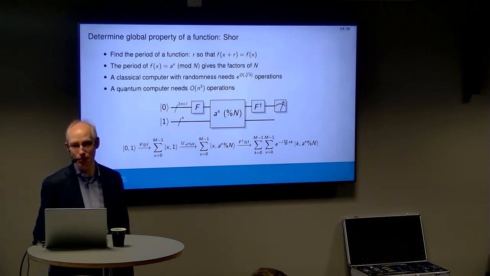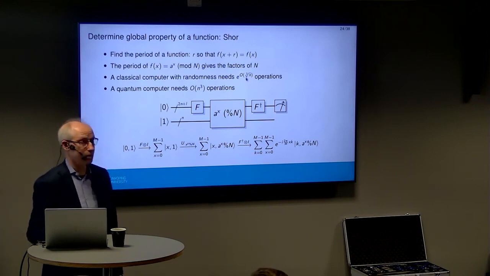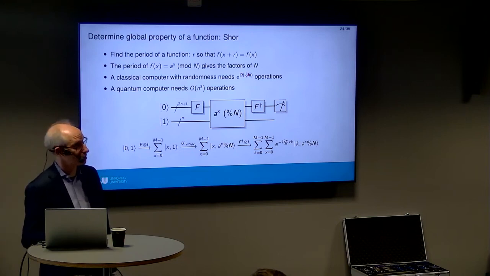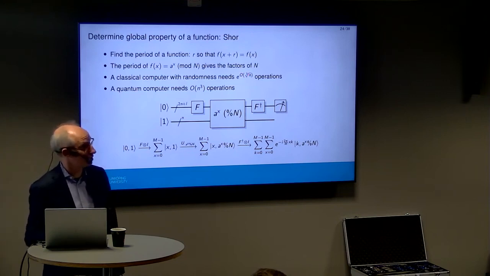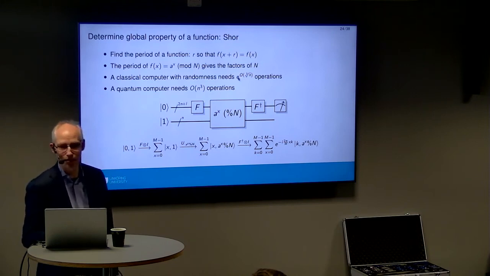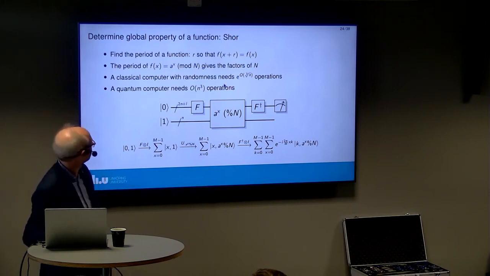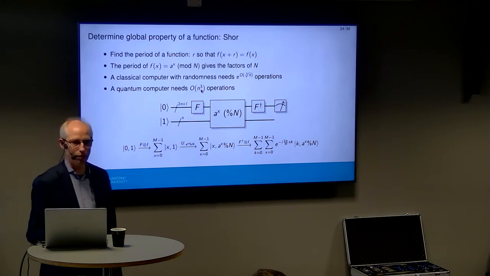If you want to break RSA today, the generic number field sieve will give this number of operations. That's how you use it. The reason we use 3000 bits today for an RSA key is that we're this good at factoring. A quantum machine needs cubic number of operations.